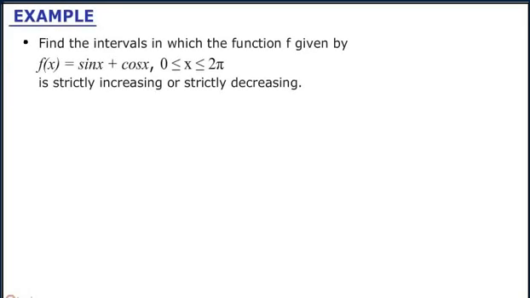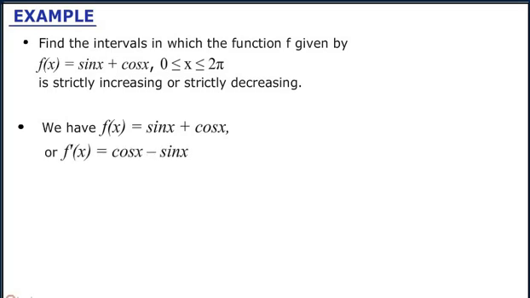Let us take an example. Find the intervals in which the function f given by f of x is equal to sin x plus cos x for x greater than or equal to 0 and less than or equal to 2 pi is strictly increasing or strictly decreasing. Solution: we have f of x equals sin x plus cos x.